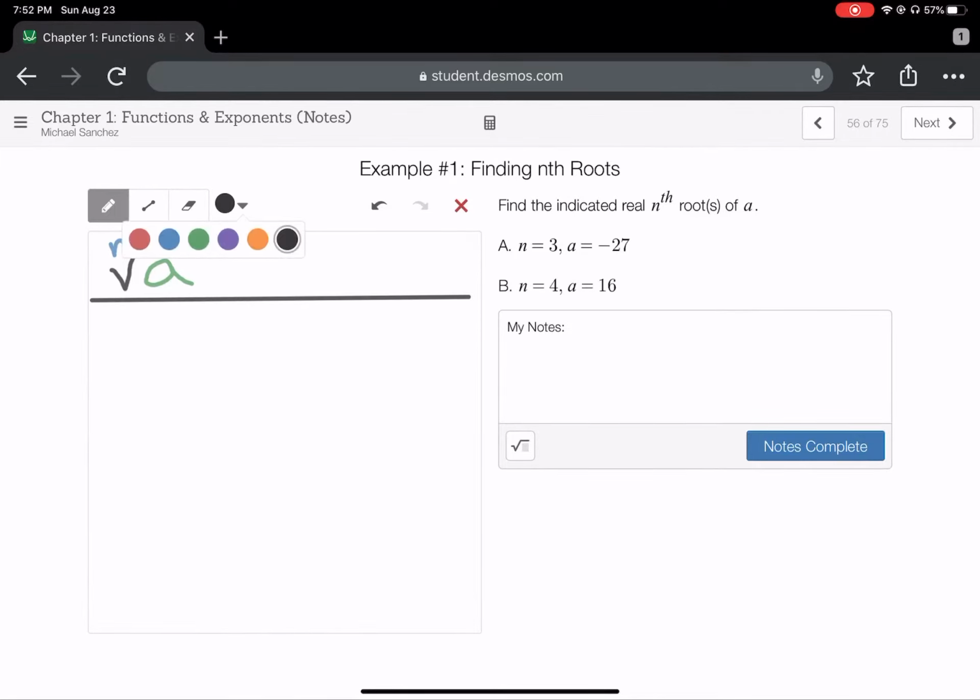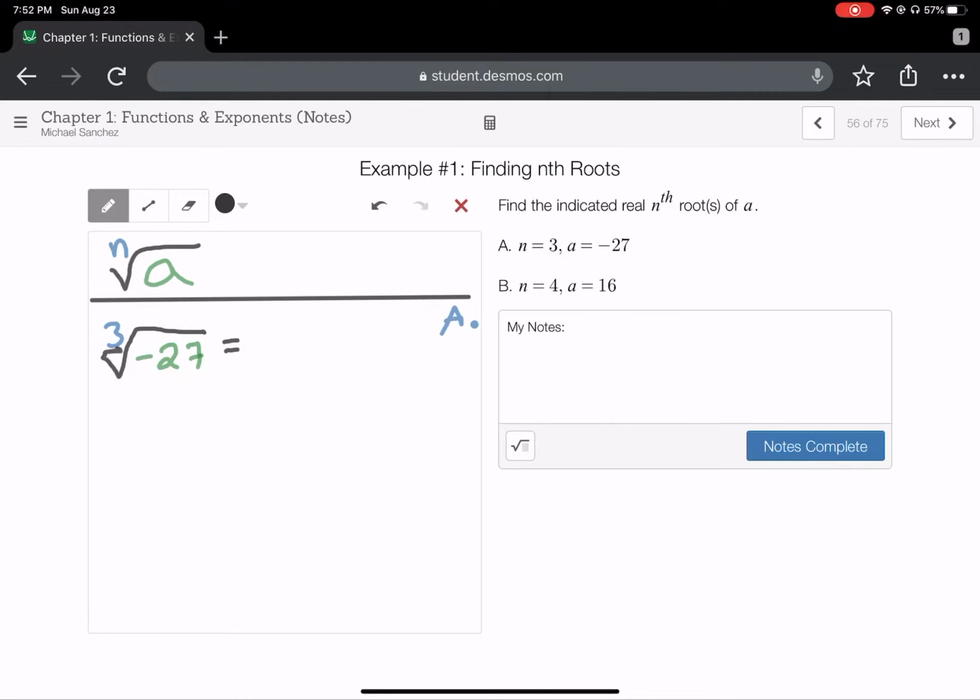Now we're going to replace that into our problem here. We have our root symbol, and in the place of the n and the letter a, we're looking for the third root of -27.